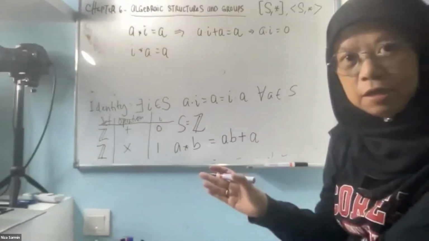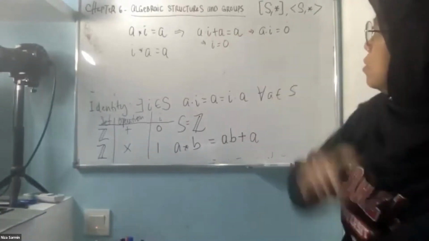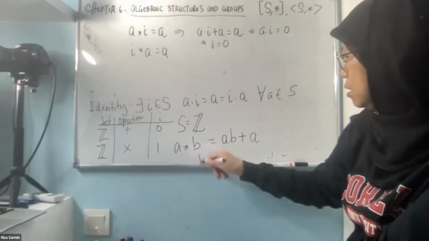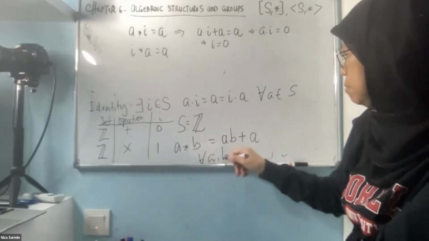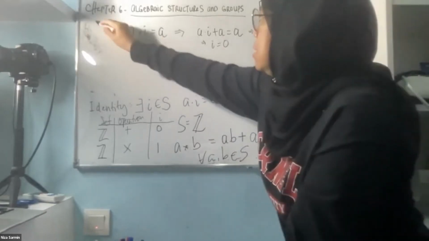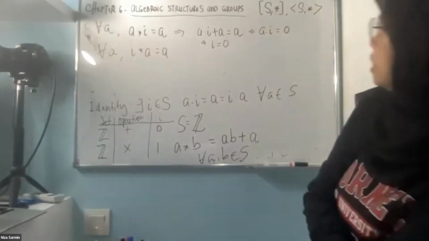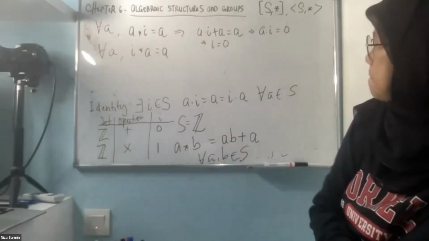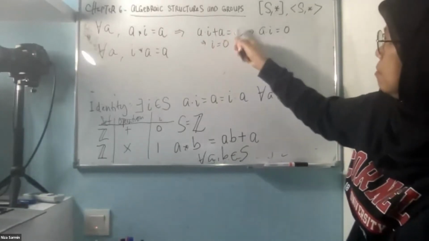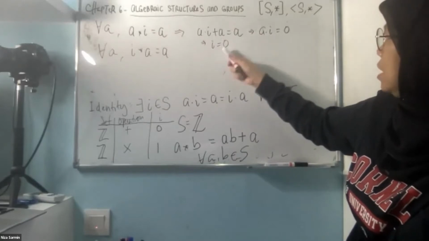I can be anything, so this gives I is 0, because this is for all A, for all A, B in S. This is simple algebra: subtract A from both sides, AI is 0. If it holds for all A, I has to be 0.